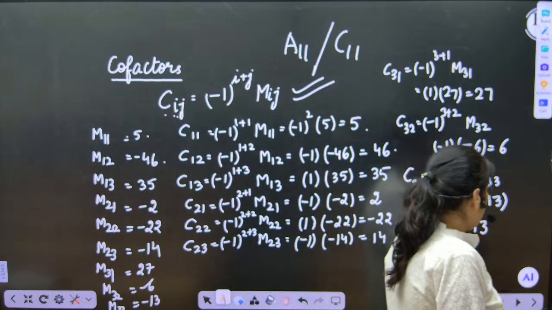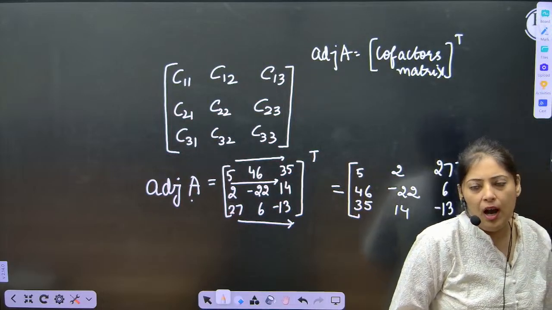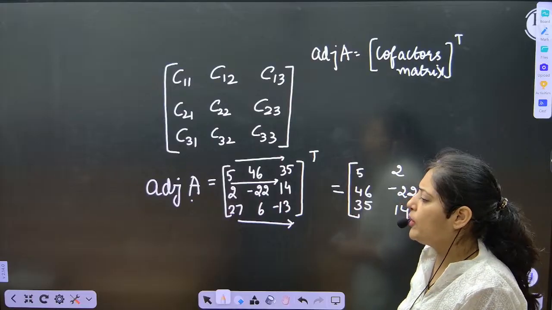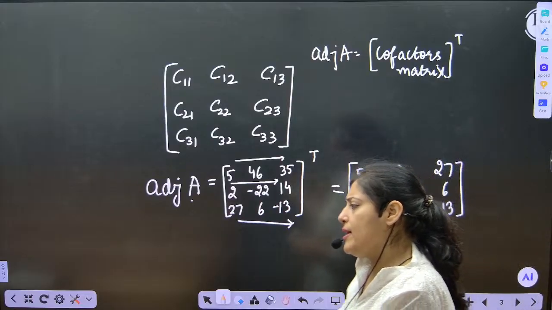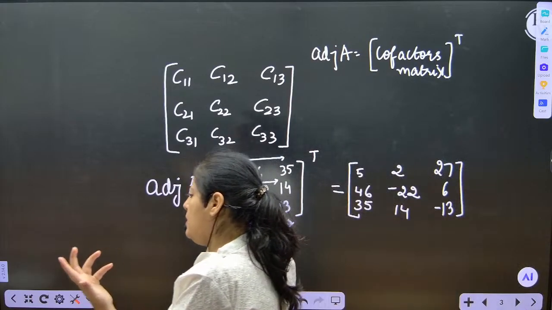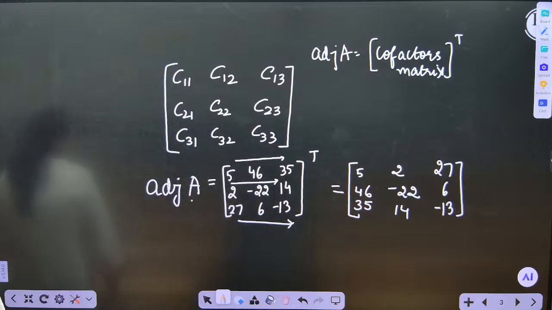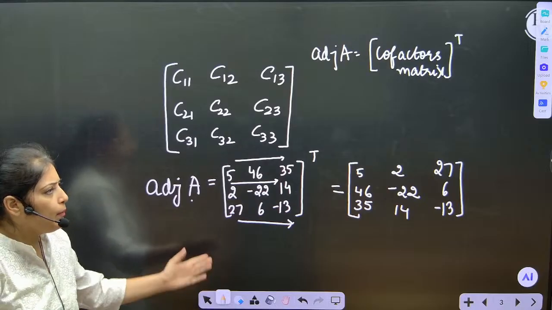Tomorrow I'll tell you one more formula for how to find the determinant. The determinant can be written in terms of cofactors also, that I'll tell.